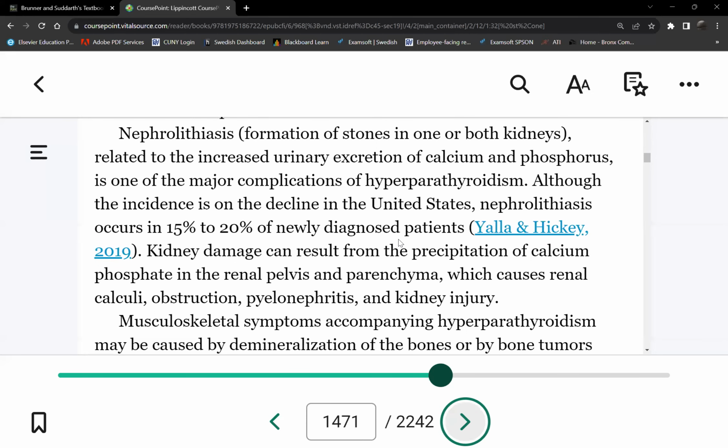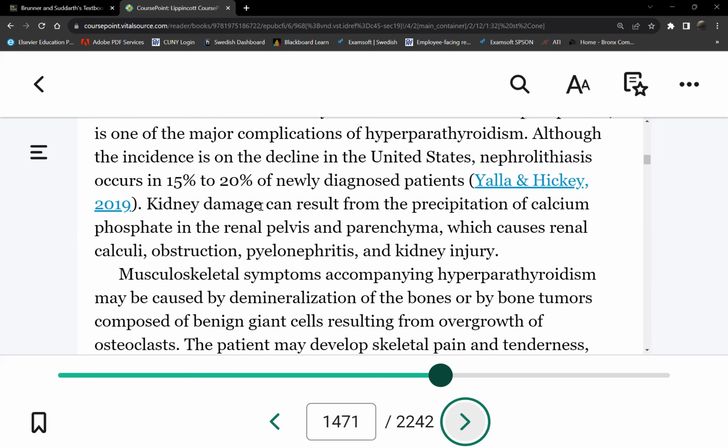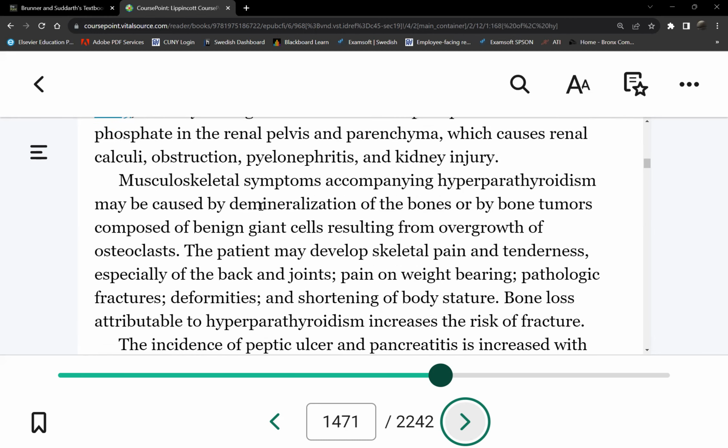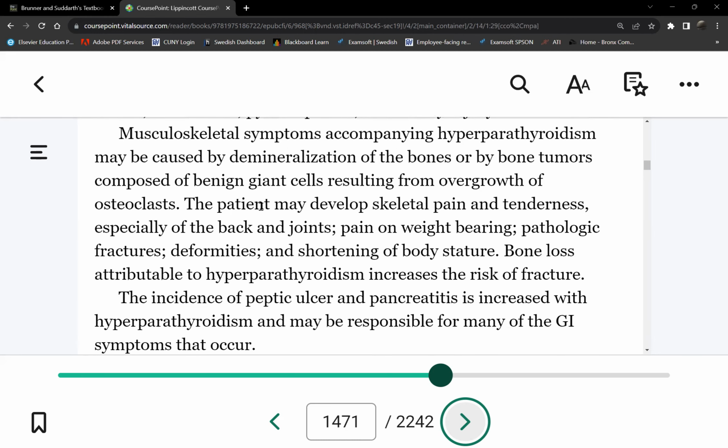What else are consequences of high serum calcium? You can have kidney stones. And where did this calcium come from again? So therefore, what happens to the bone? It weakens the bone, puts the patient at risk for injury and fractures.